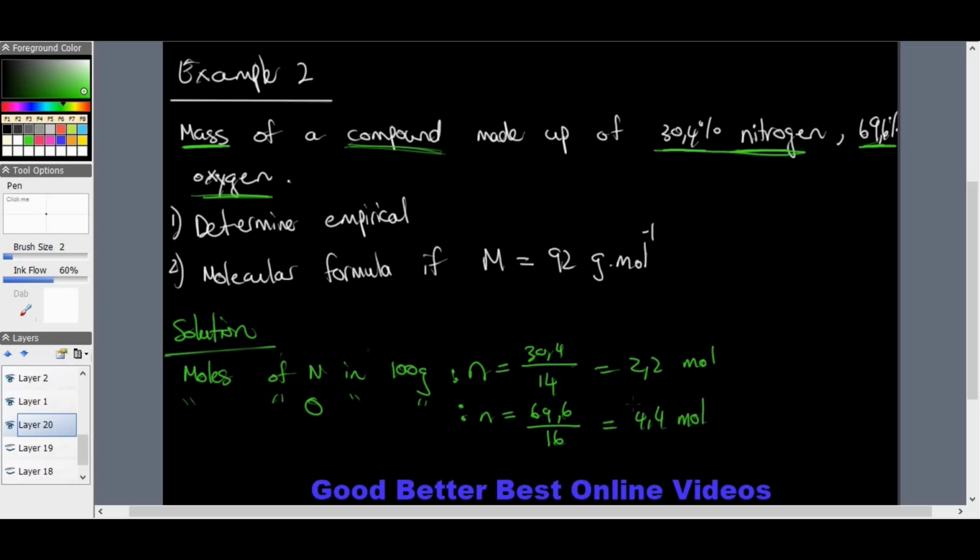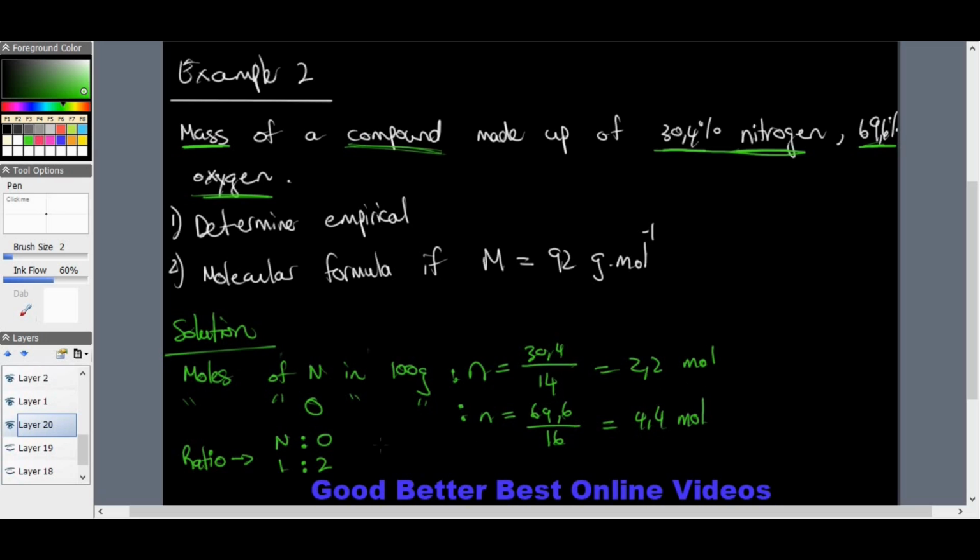Okay, stick with me for this for now. Now we can see just by this, if we have a look at the ratio, the ratio of nitrogen to oxygen is 1:2, because if we halve 4.4, divide that by 2, we'll get the top answer here, which is 2.2.